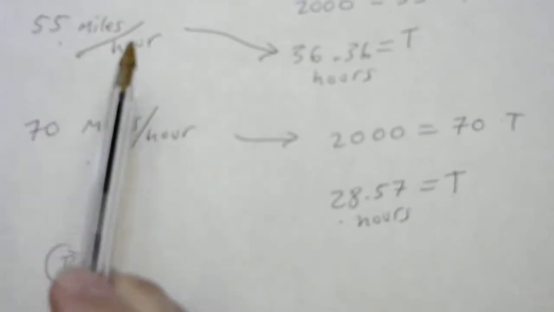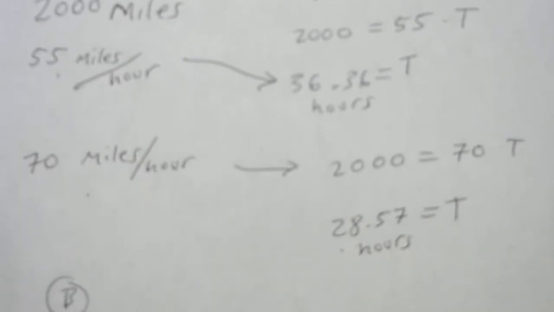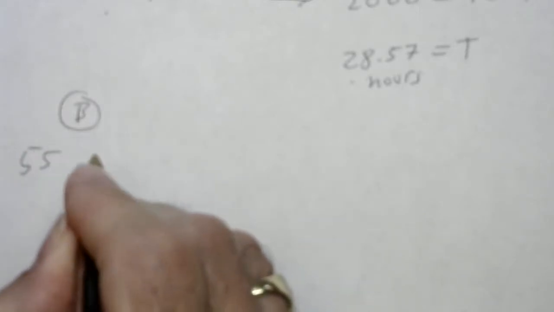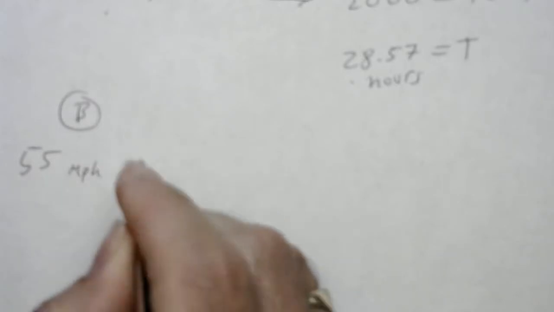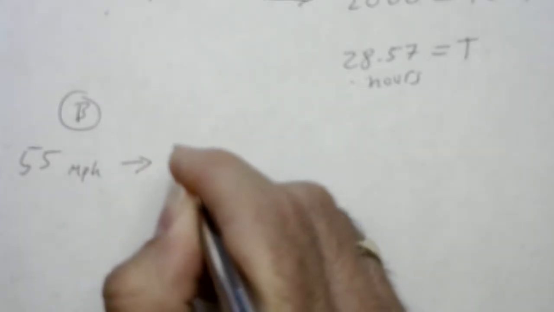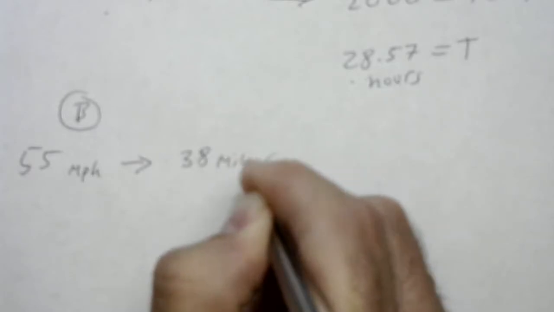So it goes back to the miles here, 2,000 miles, because at 55 miles per hour, the car gets 38 miles per gallon.